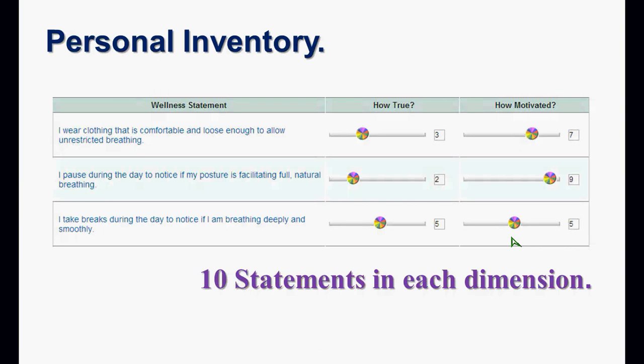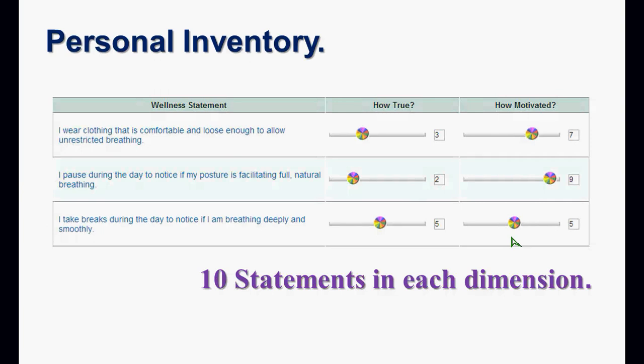And also, how motivated am I to improve my current level of wellness in that area? So I think you can see that this really stimulates awareness of new possibilities for change. So in addition to assessing, it's really an awareness tool to raise awareness of new possibilities for change. And I'm going to demo this in just a moment.